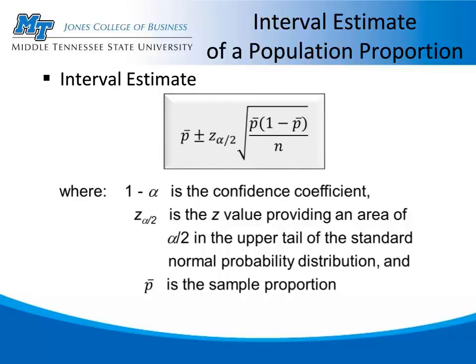Now when you multiply that approximation for the standard error times the z-value, that's your margin of error. And all you have to do is add and subtract that number to your sample value to get your confidence interval estimate. It's just like what we did before, it's just a different formula.